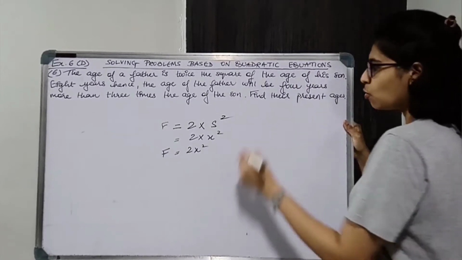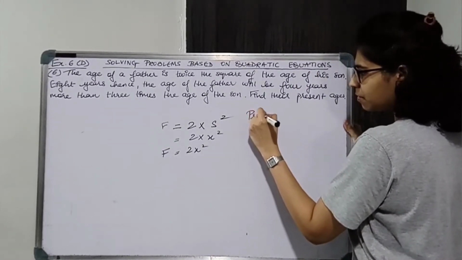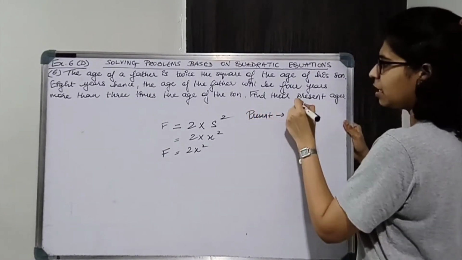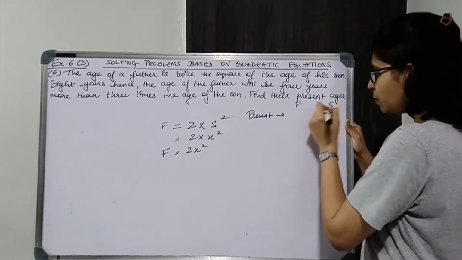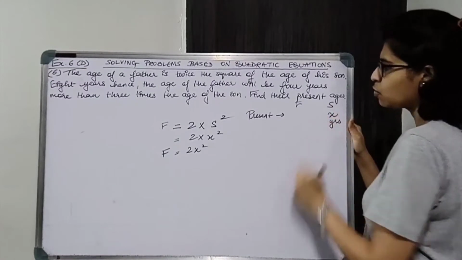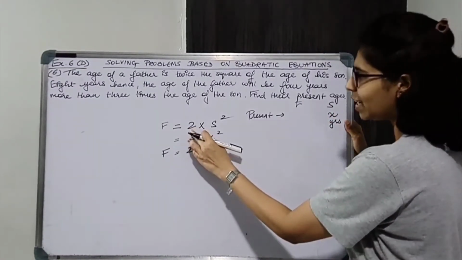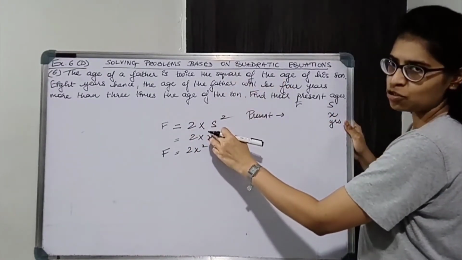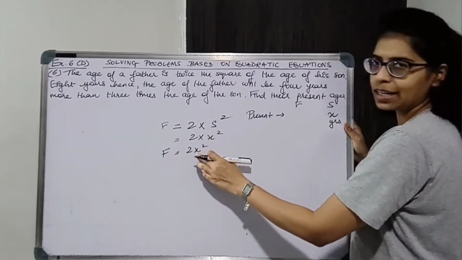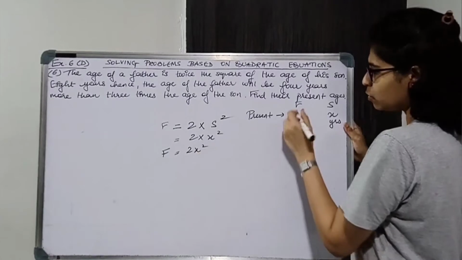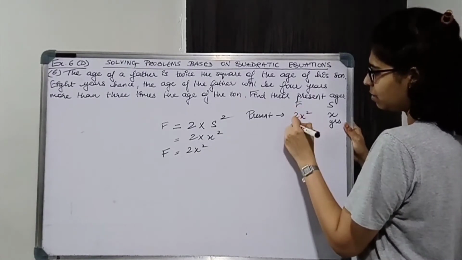Okay. So present age of father and son. Son we'll assume to be x years. So father's age will be twice the square of the age of the son. So twice x square, so 2x square years.